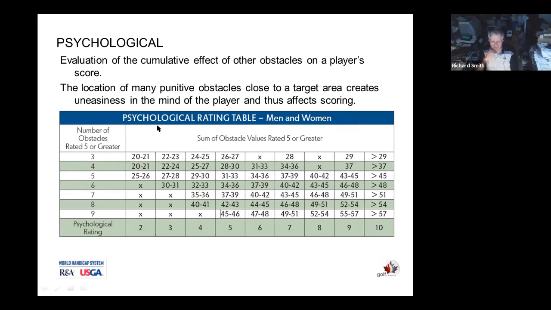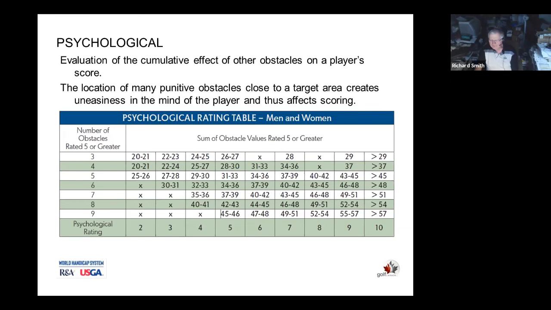There is a table, and incidentally, we used to have in the course rating system the instruction that there should be a 2 rating in both the first and last holes. That has been removed because holes are now being used in different combinations with 27 hole courses and so on.